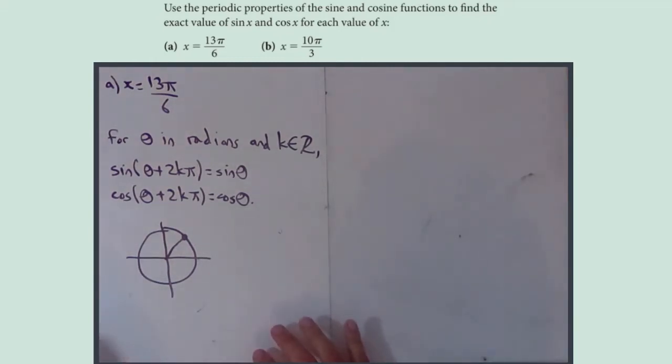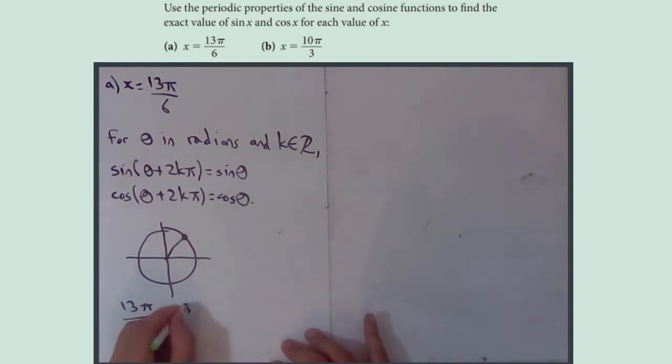If we have theta or x equals 13 pi by 6, what you want to do is find multiples of 2 pi. So I'm going to say this equals pi by 6 plus 12 pi by 6.